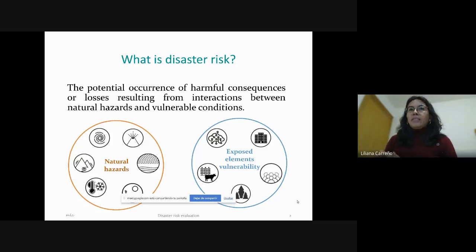Disaster risk is defined as the potential occurrence of harmful consequences or losses resulting from the interactions between natural hazards and vulnerable conditions of exposed elements. Exposed elements can involve, for example, buildings, population, environment, infrastructures, and so on.